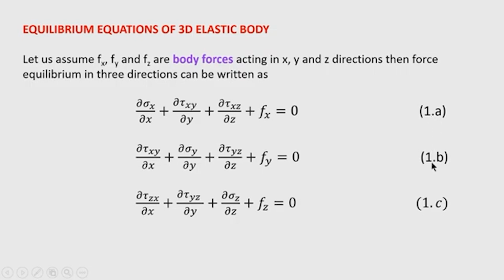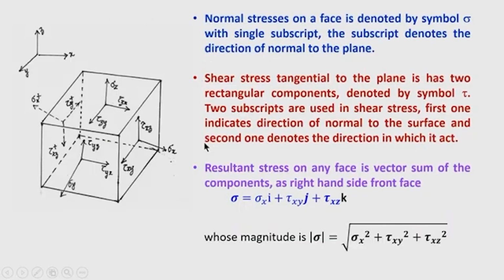It is obtained from moment equilibrium equation, and the other 3 equations that you are seeing here, 1.A, 1.B, 1.C, are obtained from the equilibrium of forces on the parallelepiped that I have shown you, and I have shown the stresses on each face. Here the stress will be written fully including the incremental quantity, that is sigma x plus del sigma x by del x into dx, like that.